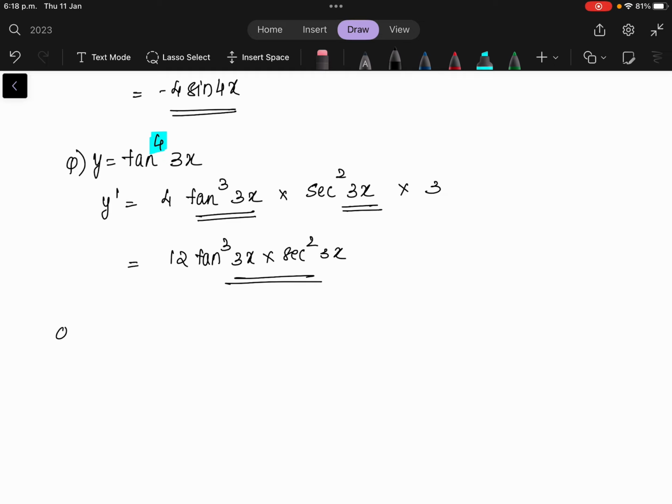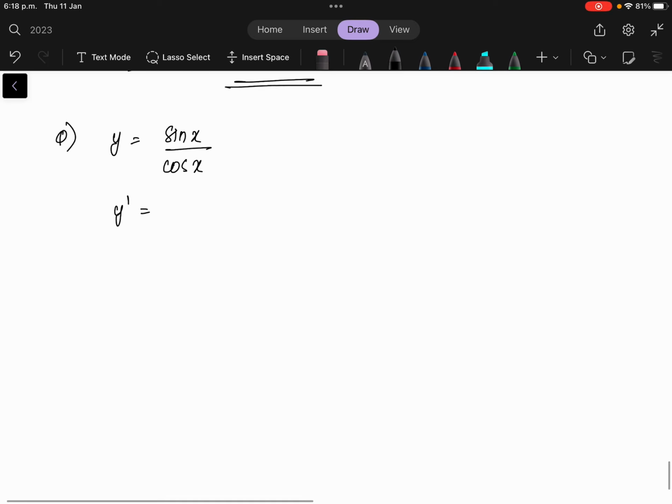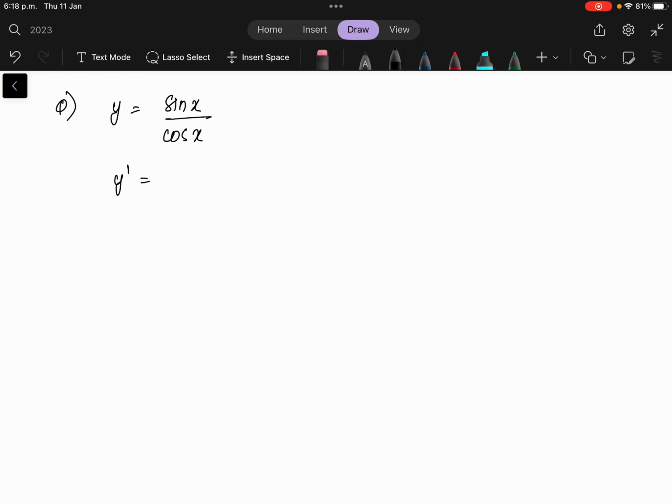Okay, now another question, just to get another good question. y is equal to sine x over cos x. Yeah, so here, since it's a fraction, you have to use the quotient rule.